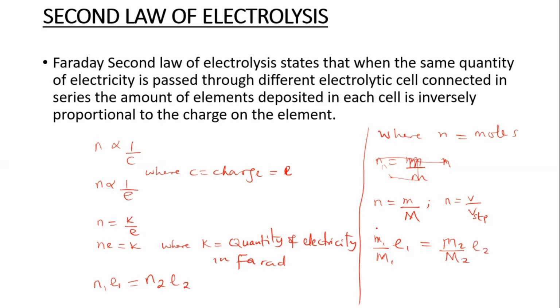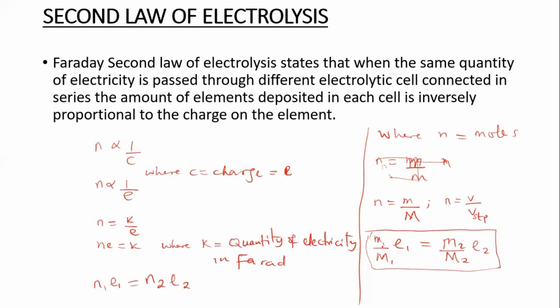So that is the second law of Faraday. The second law of Faraday makes it very easy for us to compare the different masses of elements produced in different electrolytic cells, when the same quantity of electricity is passed through both cells.